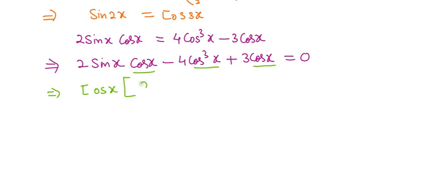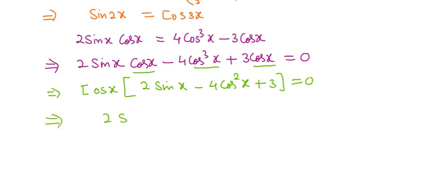So in the very first term you will have 2 sin x, here 4, this is cube, so it will become 4 cos square x, and here plus 3 is equal to 0. Dividing both sides by cos x, finally you will have 2 sin x minus 4 cos square x plus 3 is equal to 0.